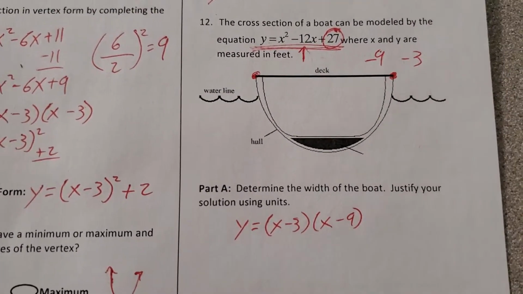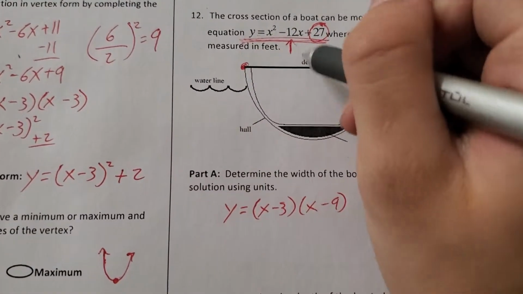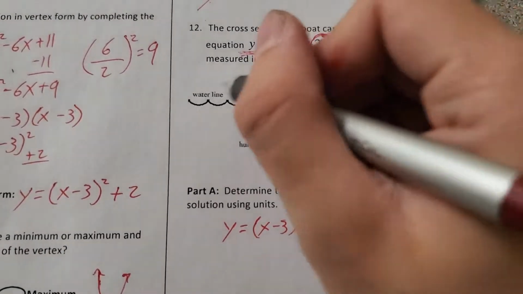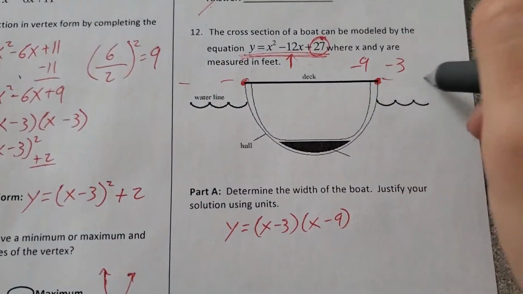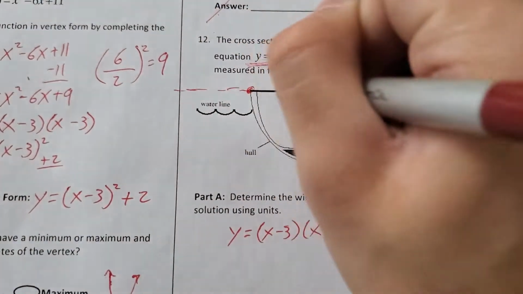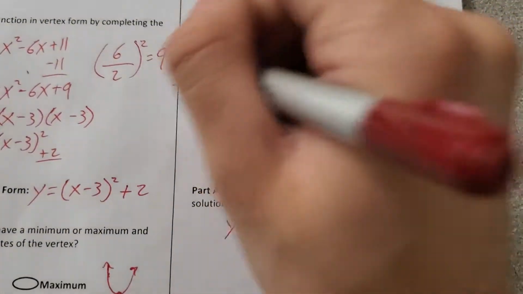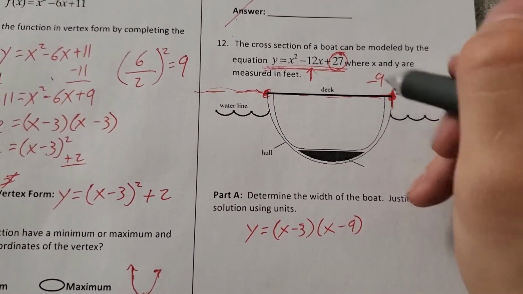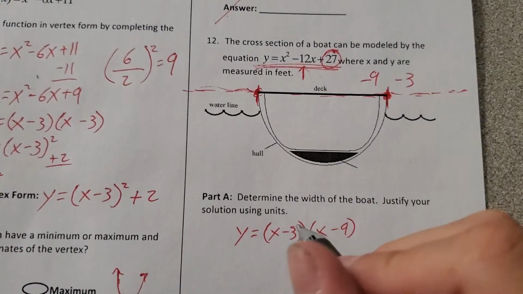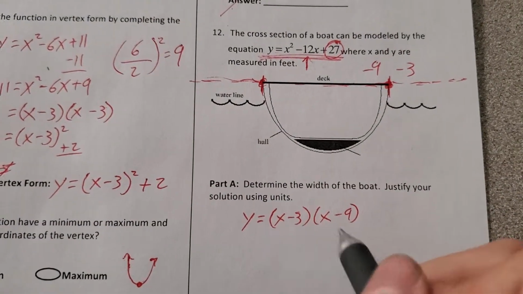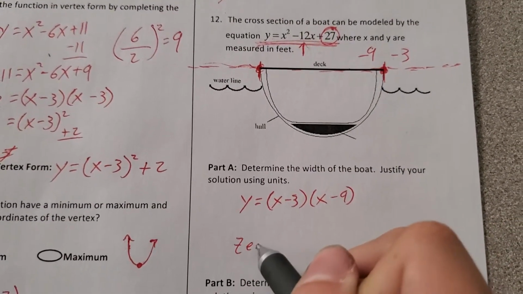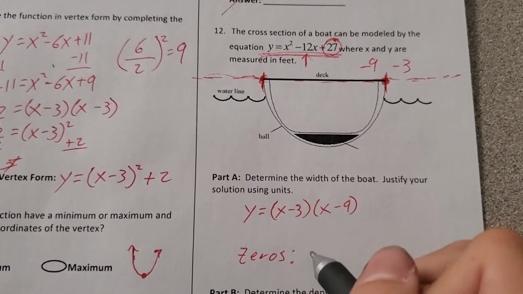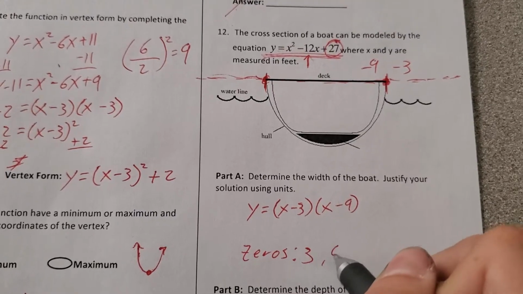Now, let's say this was my graph here, this is my x-axis here. These points here represent my zeros. The zeros of this, because this is a factor form, will pretty much be positive 3 and positive 9.